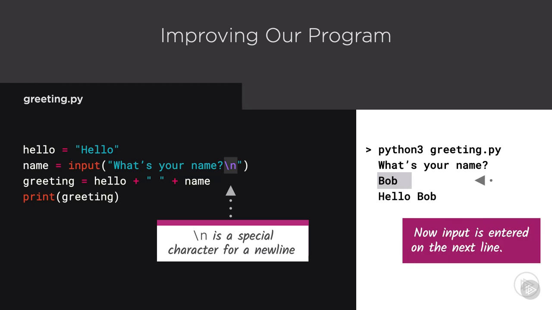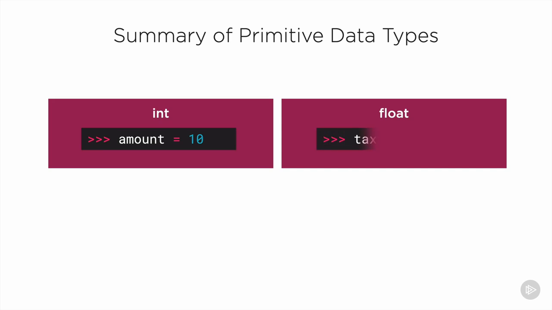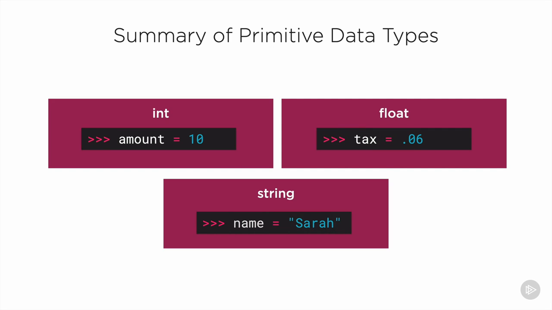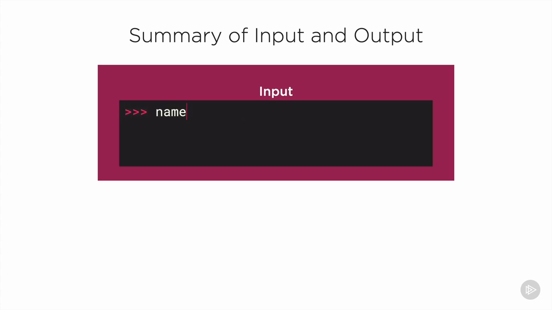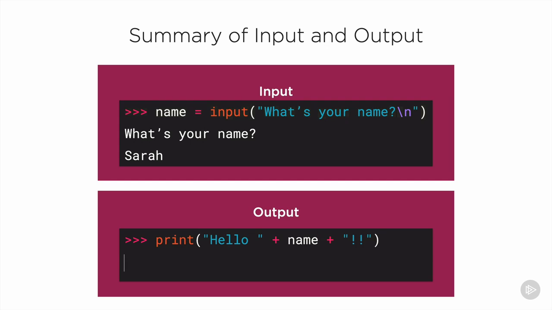So far we've learned about the basic, or also called primitive, Python data types: ints, which are whole numbers, floats, which are decimals, and strings, which store text. We've also learned how to get input from the user and how to print output to the console.